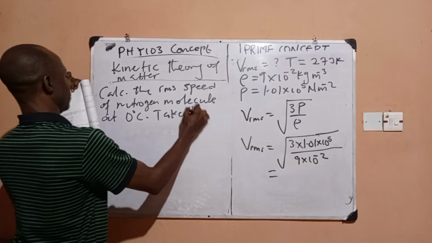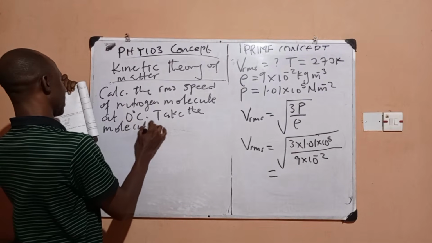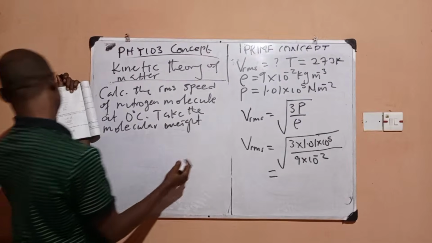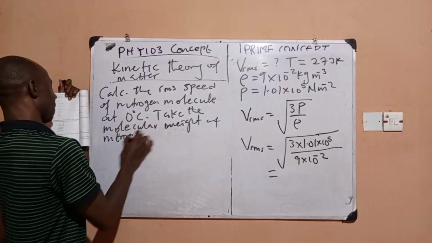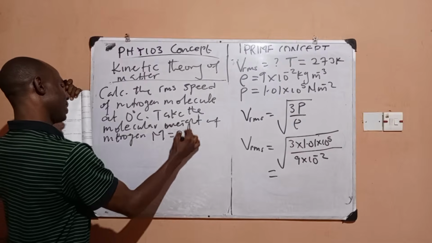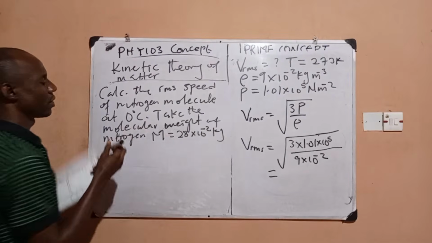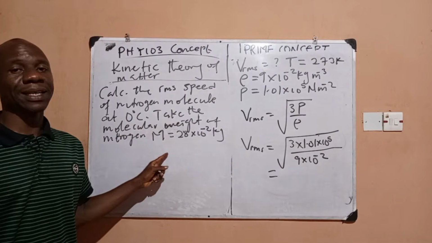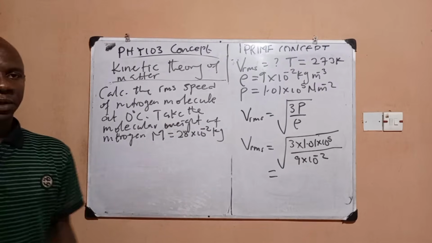Take the molecular mass, molecular weight, which is same as mass anyway, of nitrogen as M equals 28 times 10 to power minus 2 kg. Now don't ever forget to work in SI units. Molar mass is usually in grams, but you will notice that it was converted to kilograms. So don't forget that.